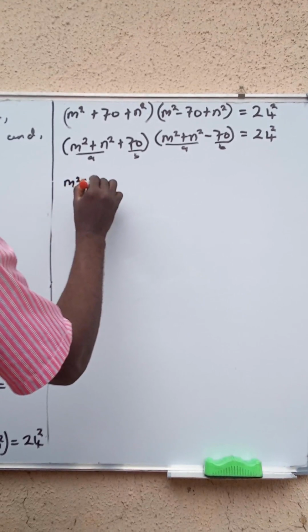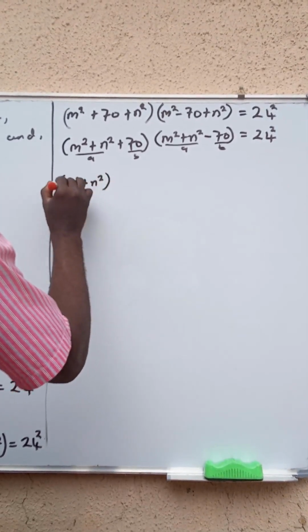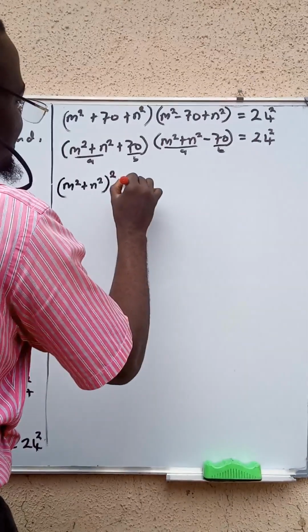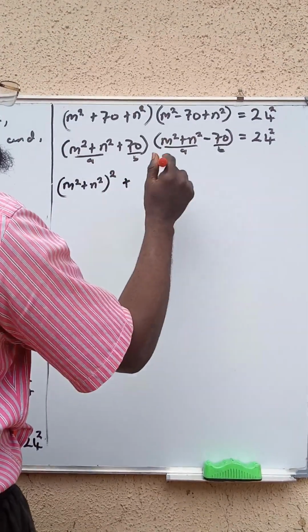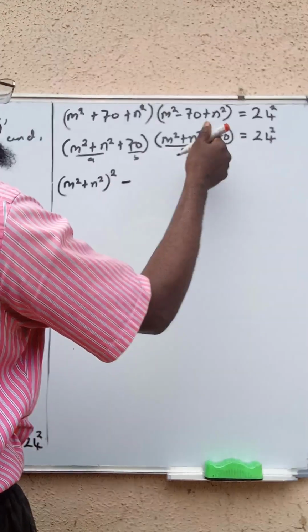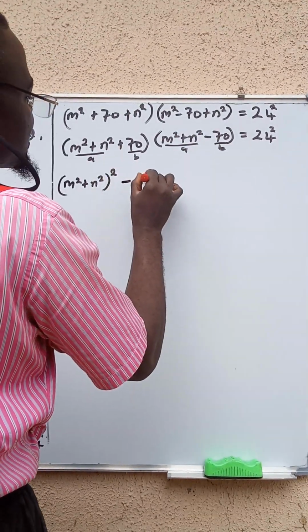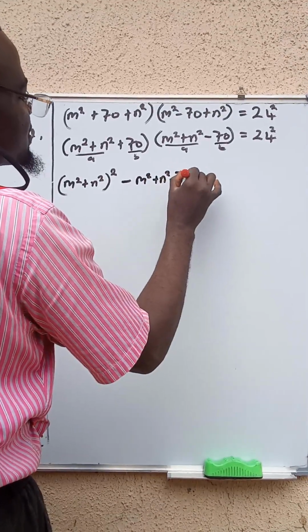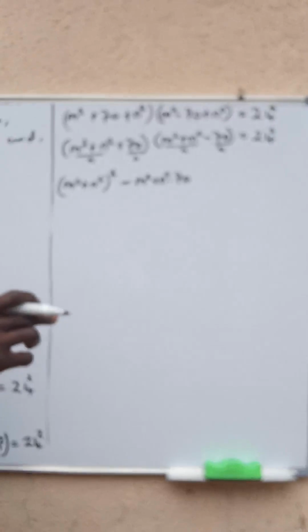M squared plus n squared all squared, because it's just like A times A, which is A squared. Then plus A times B. This A times B will now be minus, because of this minus, M squared plus n squared dot 70, where dot means multiplication.